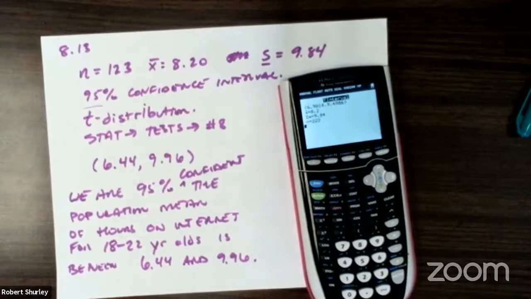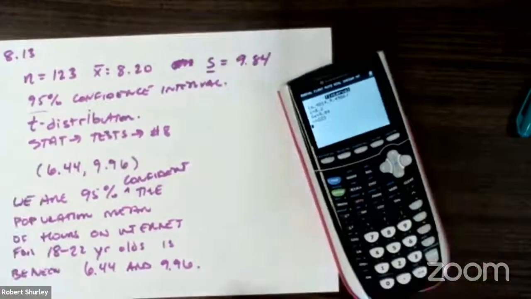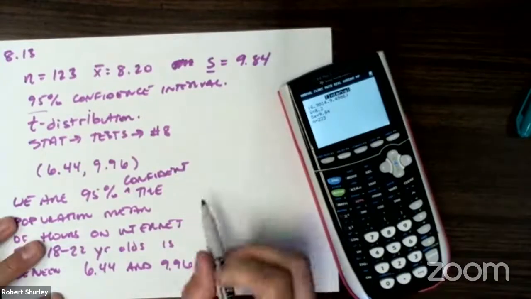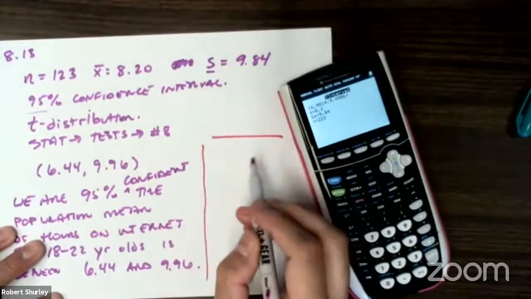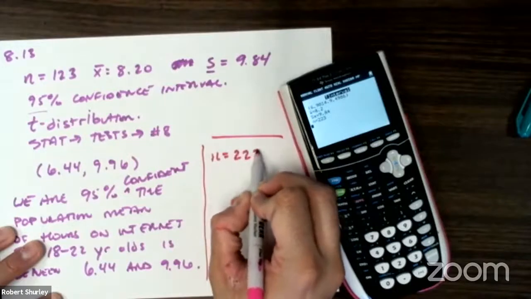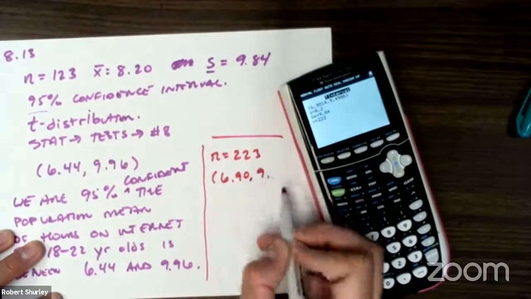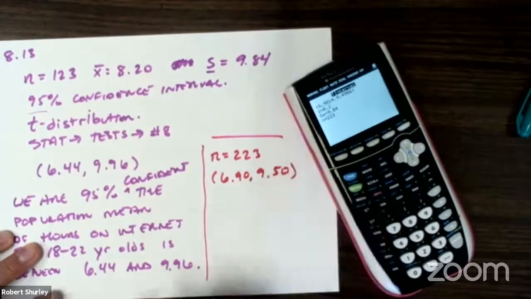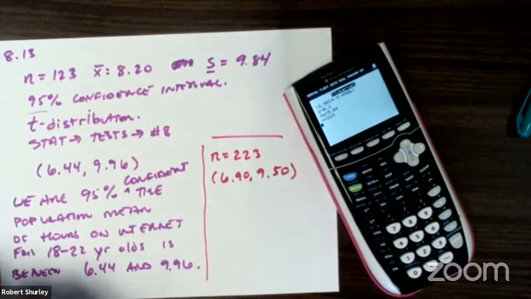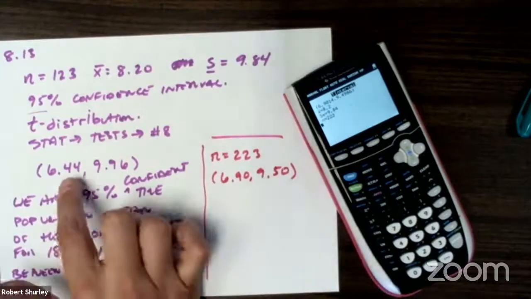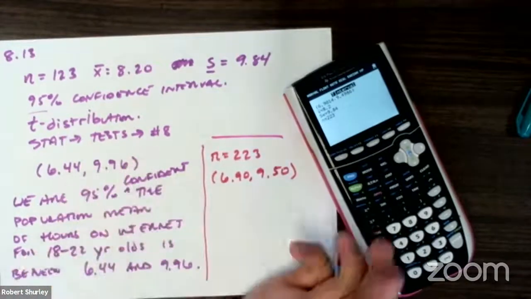And notice the interval here. So I'm going to do this one on the side. I'll use another color. So if n equals 223, the interval is 6.90 to 9.50, if you round. Notice that knocks off about one whole hour.